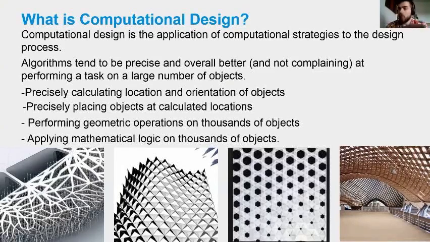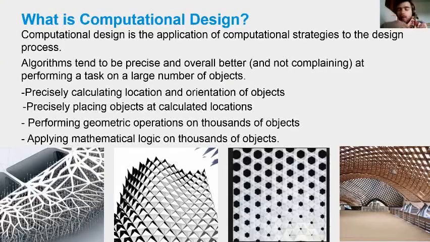Imagine panels that should be placed and oriented in a certain way, or moving panels that should follow the daylight location. And we can perform geometric operations on thousands of objects, which is pretty much automation in the modeling process.